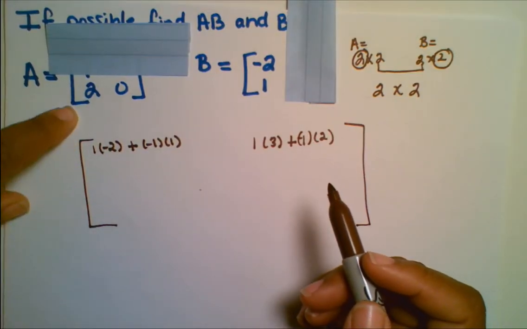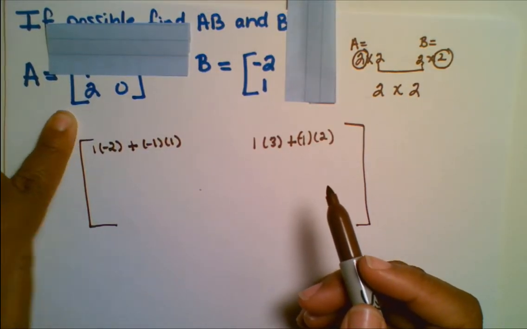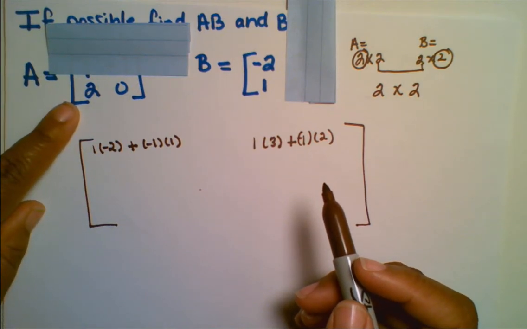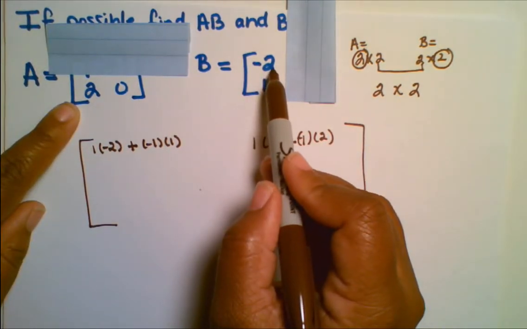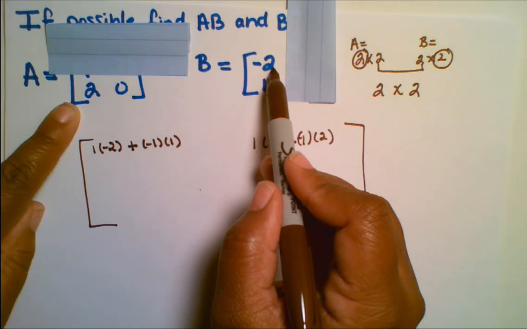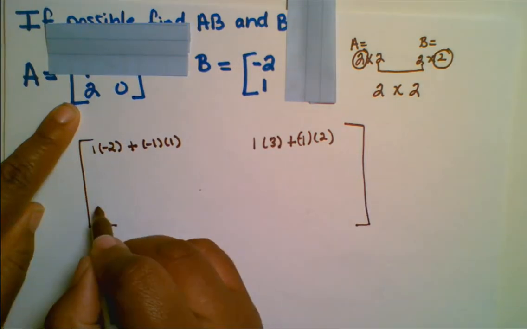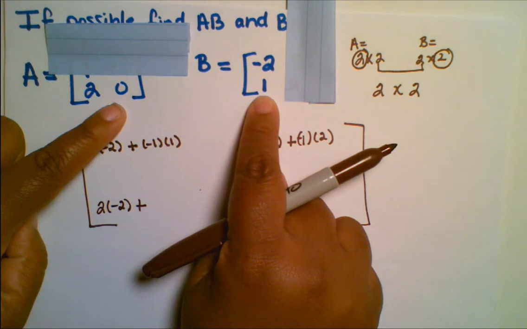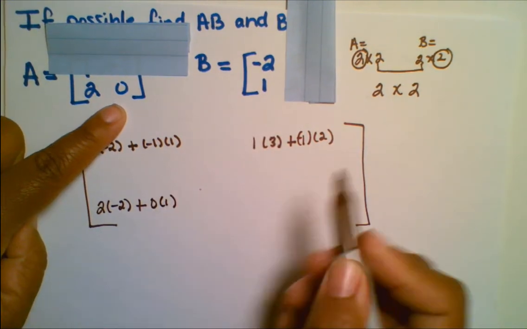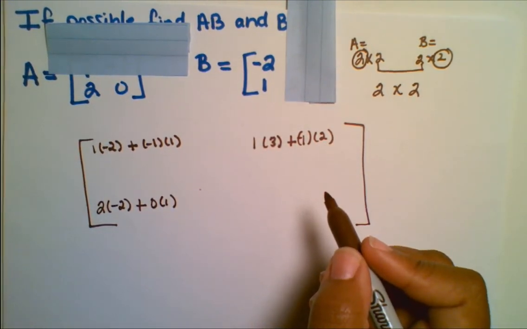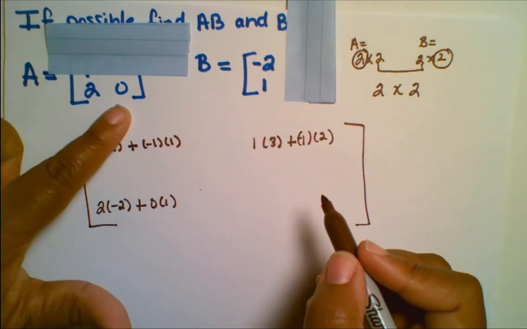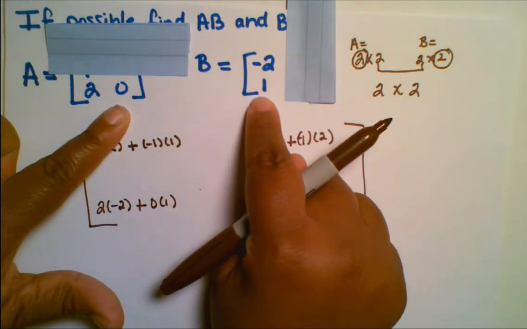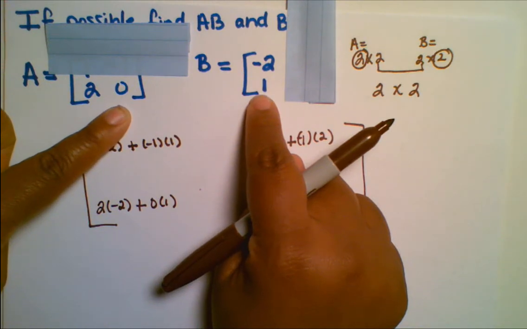We take the first element in the second row and multiply it by the first element of the first column of B. So 2 times negative 2 plus 0 times 1, the second element in the second row times the second element of the first column.